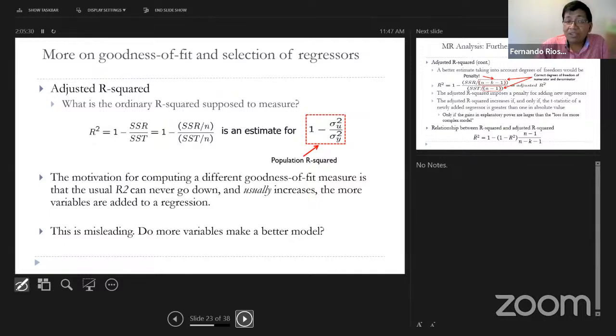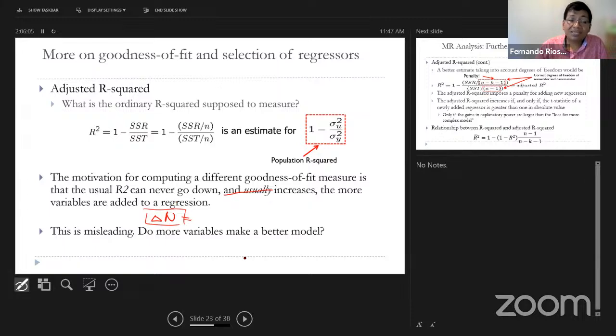Again, the motivation of the adjusted R-square is to avoid misleading conclusions that just adding more variables to the model will always make it better. Now, this is a question that I had last year. I'm not going to ask this again, but just as a reference, the R-square can never go down, and it usually increases for almost all cases unless your sample size changes. So just to keep that in mind.